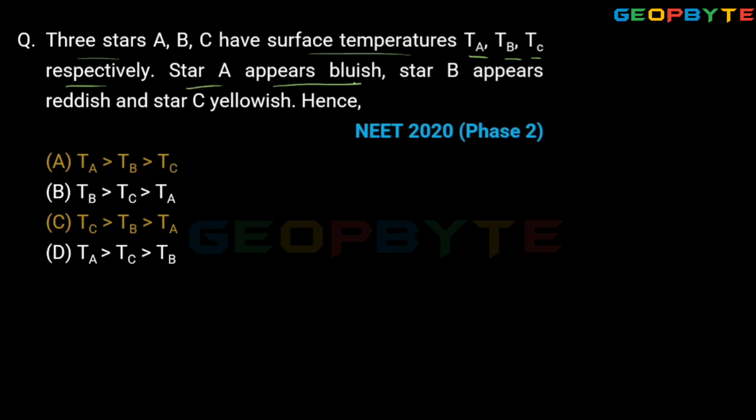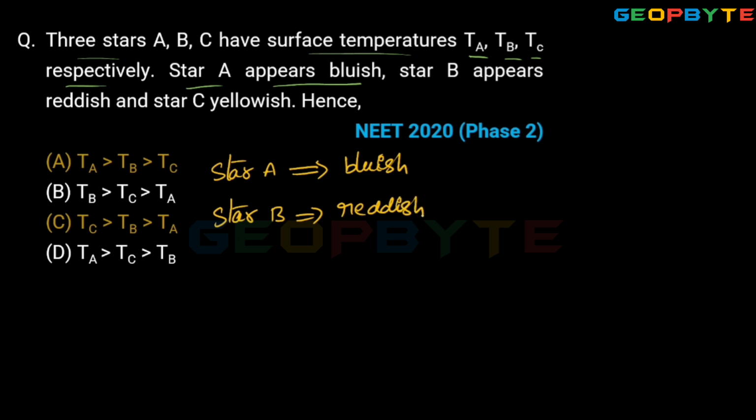Star A appears bluish, star B appears reddish, and star C appears yellowish. Then what is the temperature relation?